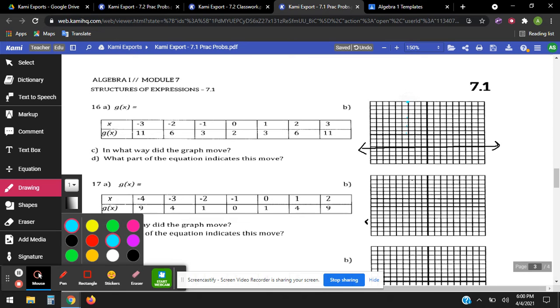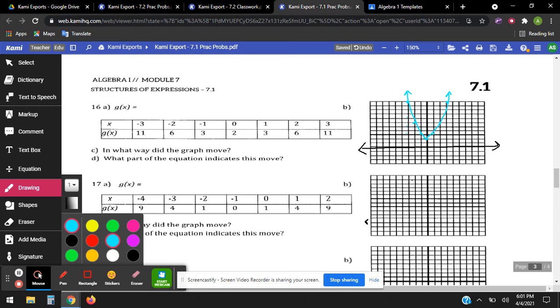I timed that just right. Okay, so -2, 6. 1, 2, 3, 4, 5, 6. Leave is right there. And then -1, 3. 0, 2. And then I'm going back up on here. Okay, so we're still on the y-axis, so it looks like we just shifted up 2.